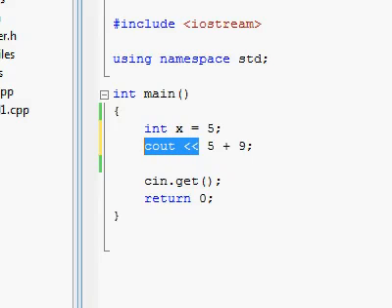The same rules pretty much apply for the minus operator. It subtracts whatever's on the right from whatever's on the left, and then yields the results leftward. Same as for the multiplication operator and division operator.